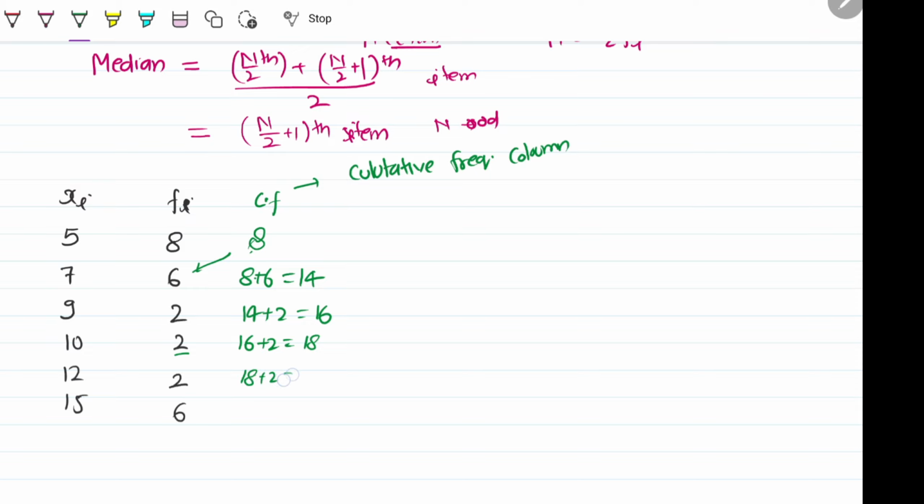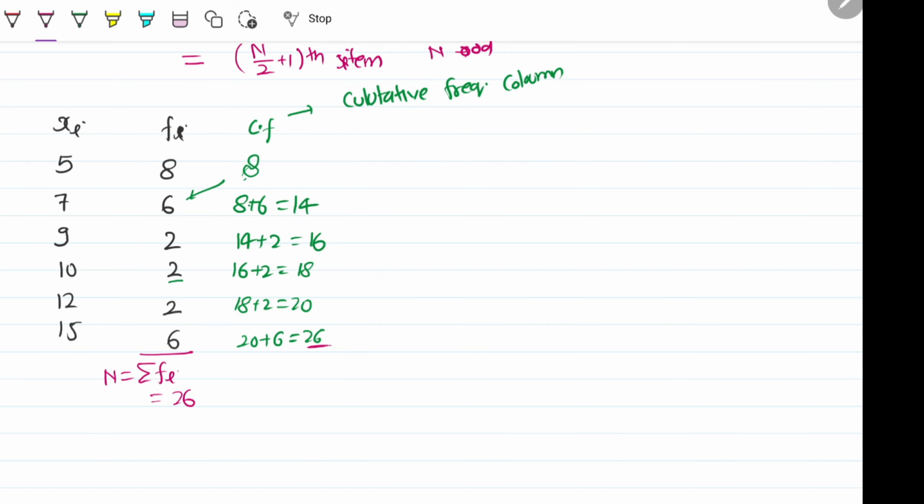After that 18 plus 2 is 20, and 20 plus 6 is 26. So this is your cumulative frequency column. And the sum of the frequencies, the capital N value, if you add, is also 26. Now the capital N value came 26, which is even.